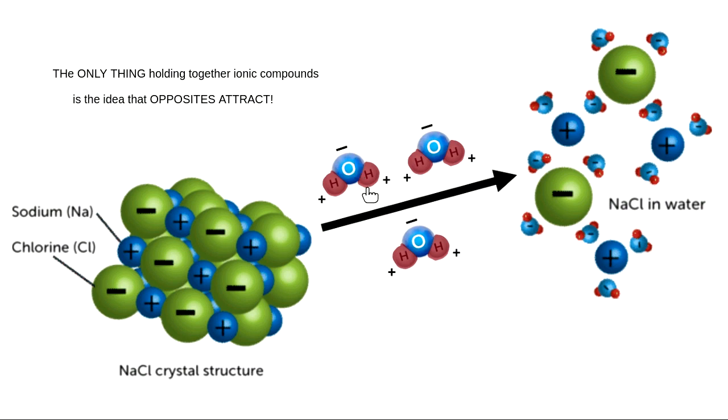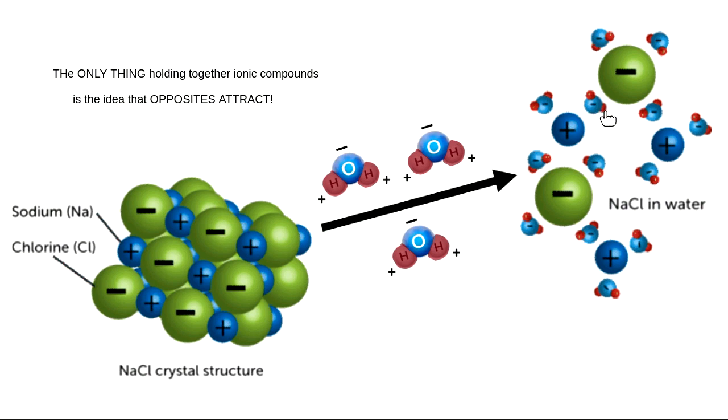If I put an ionic compound into water where I've got partial negatives and partial positives, and I let those water molecules go around my salt, what ends up happening is this sodium that used to be happy with all the negatives in chloride, this sodium says, you know, oxygen's negative too, and that's pretty attractive. I'm interested in that. This chloride here that used to be happy with the sodium's positive charges, this chloride says, you know, hydrogen has a positive charge too.